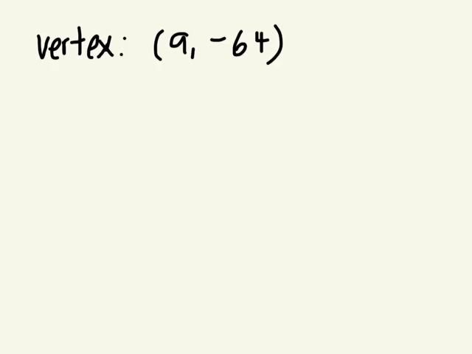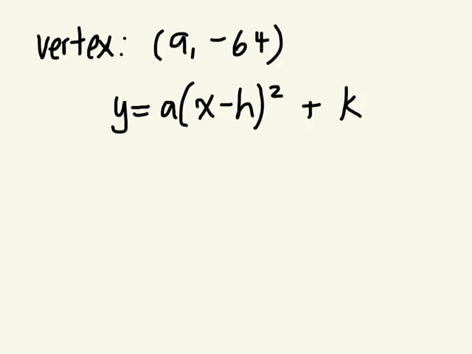Now they're asking you to write this equation in vertex form. Does anyone remember vertex form? y equals a(x minus h) squared plus k. Well, we know a because it's the same in any form. What was our a value? Remember when you had it in standard form? Good. A was 4. What's h?